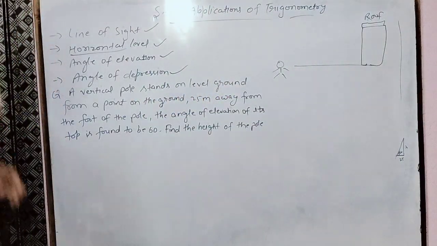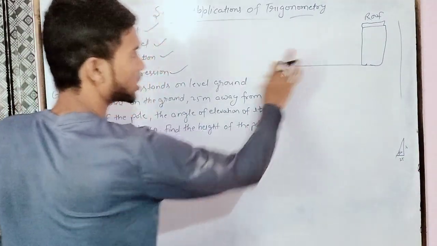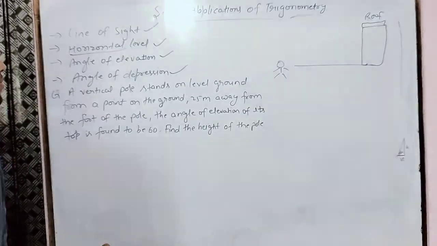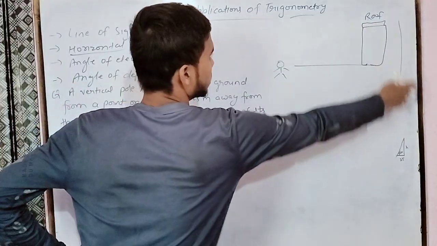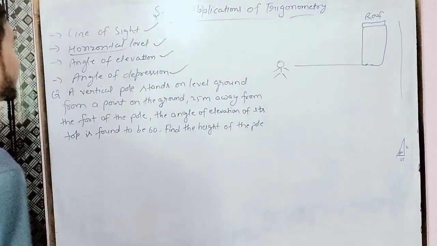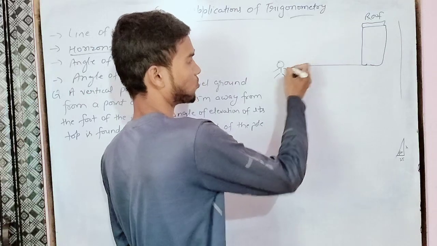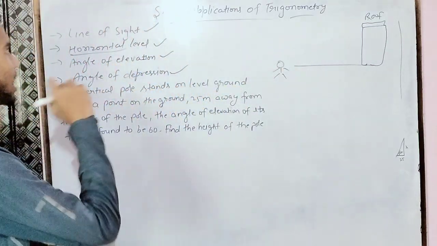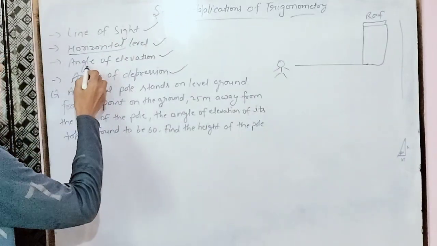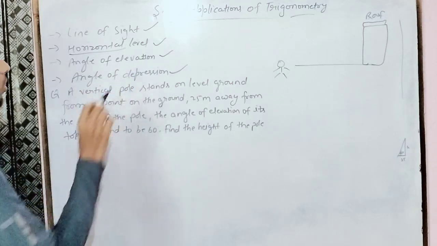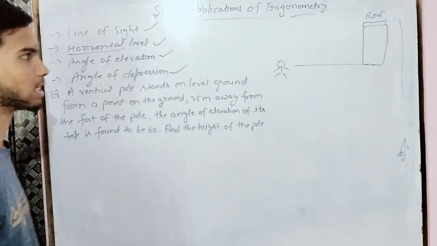Now we understood this is horizontal, and this is a line which is vertical. Line of sight. What is the line of sight? It will depend on the angle of elevation or the angle of depression.